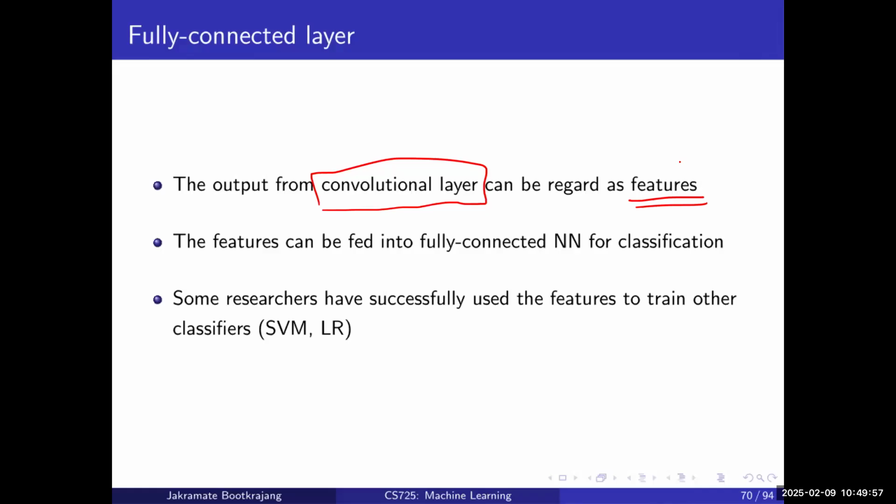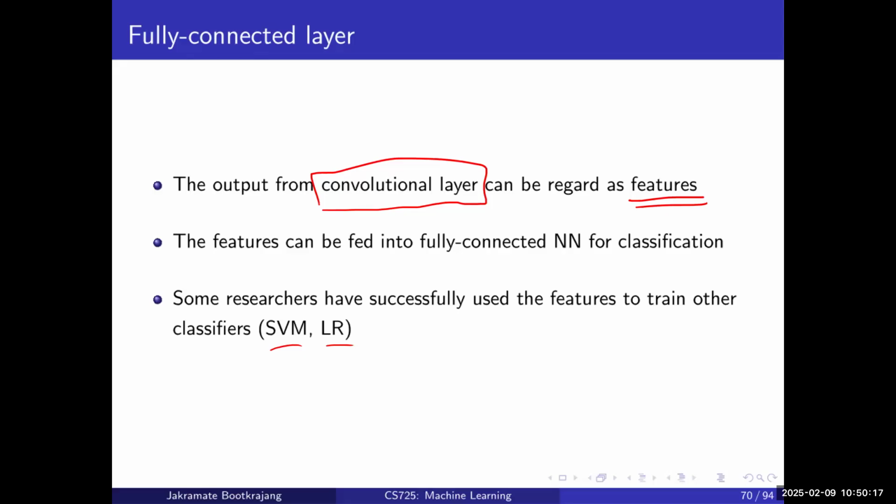This feature can be used for other algorithms as well. If you don't want to use a neural network for classification, you can use this feature for other things like SVM or linear regression.